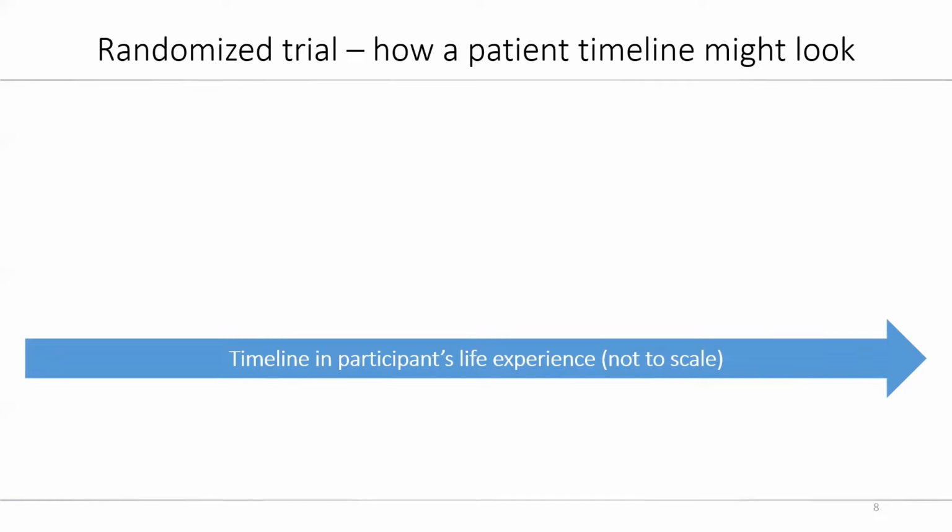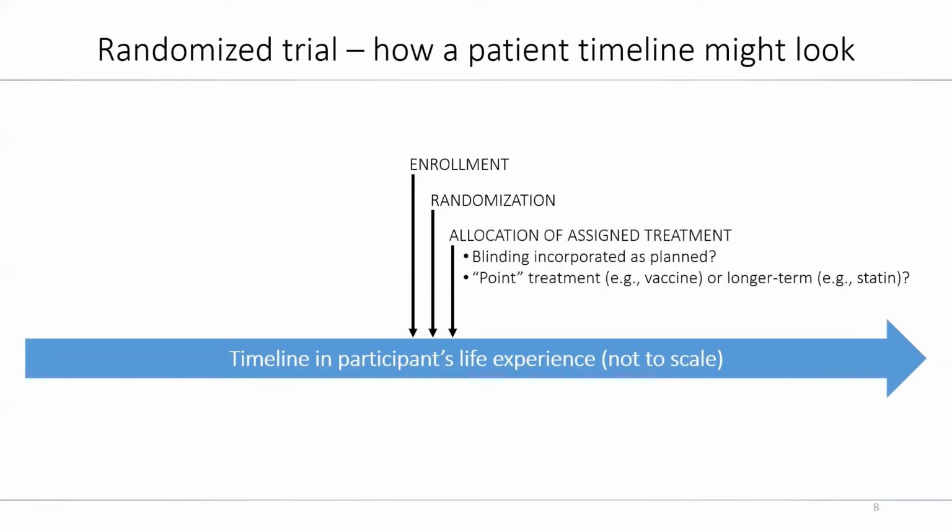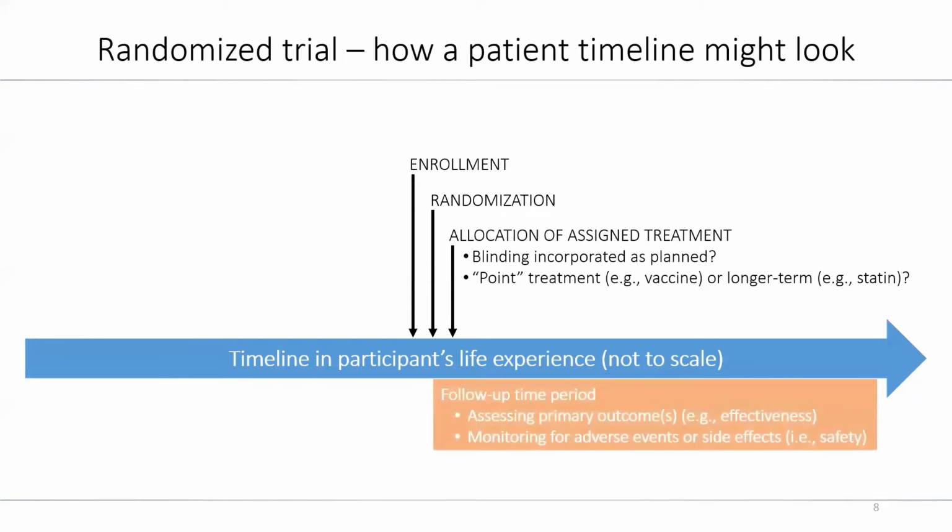In terms of their engagement in the trial itself, the patient will be enrolled and randomized to a treatment group, and they'll be given this treatment of interest. And then after being randomized, they'll be followed up to assess for the outcomes that are of interest in the study. They'll be monitored for whether or not they're actually maybe experiencing positive outcomes from the medication. And they'll also be monitored for adverse events or side effects from the medication.